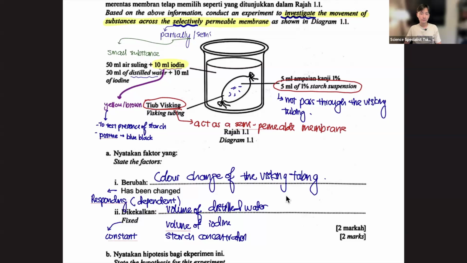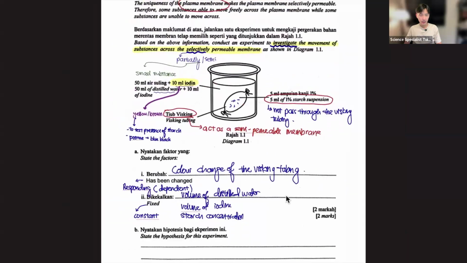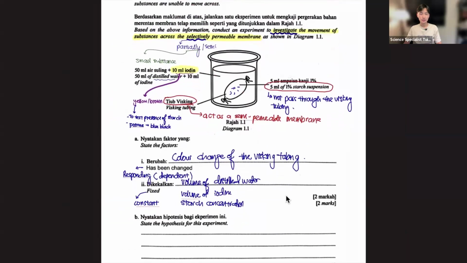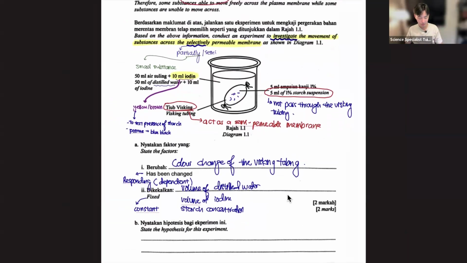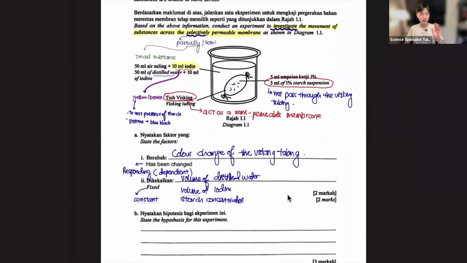So next one, hypothesis. Now I want to see, in this experiment, what is your hypothesis? You try a hypothesis, and I tell you whether your hypothesis is correct or wrong. You surely have done this in school, the teacher surely told you to do this. So in this case, I don't know what you will get.